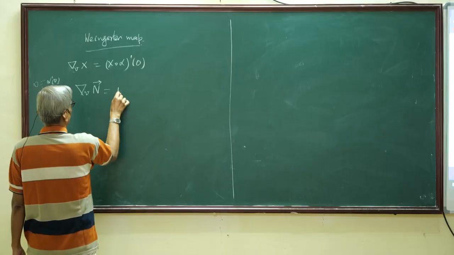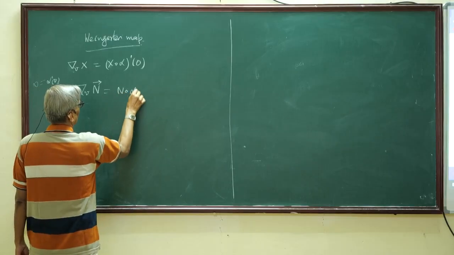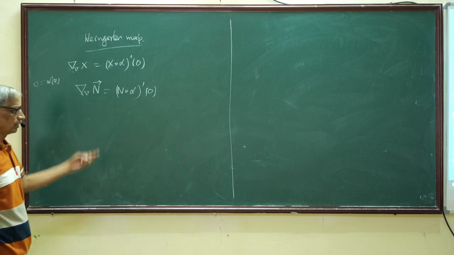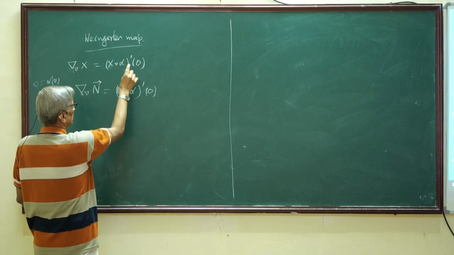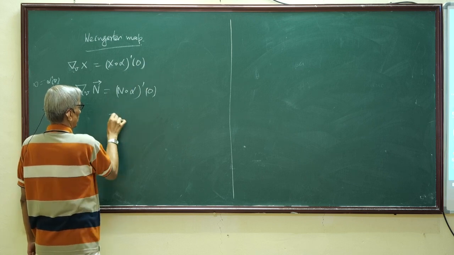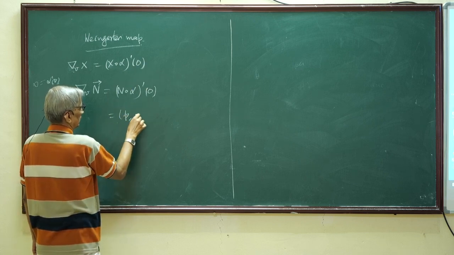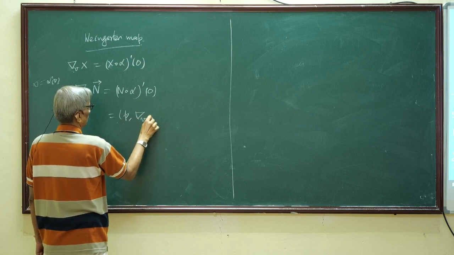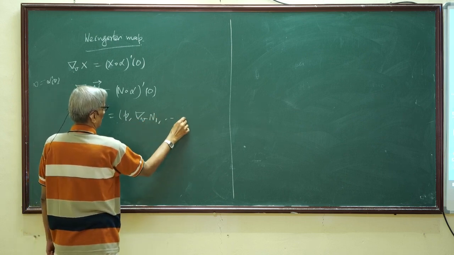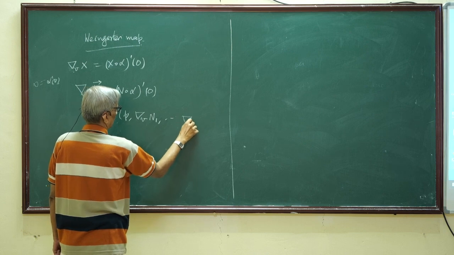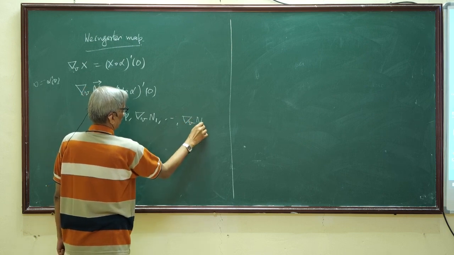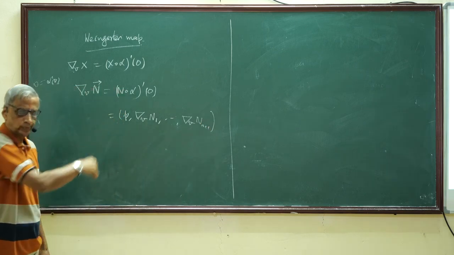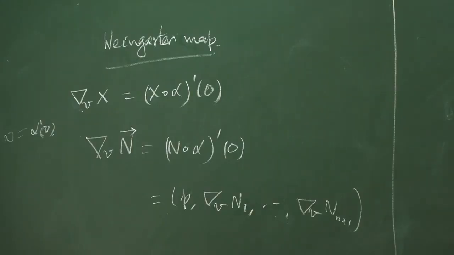So this is N. This is, of course, here or here, it's all the same. So this is a vector N, whatever, N plus 1 at the appropriate point. Okay.